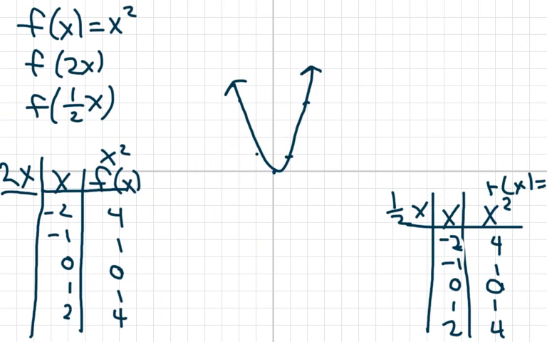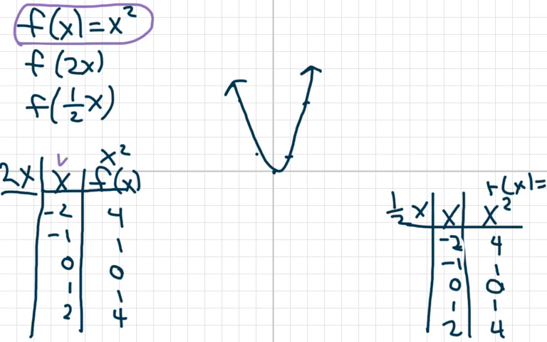Next one we have is a horizontal stretching or shrinking. I think for students this is the one that's the most confusing. So basically you already know what a quadratic equation looks like, and we want to do f of 2x.